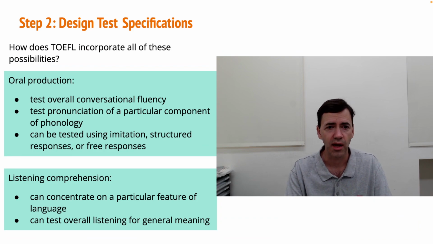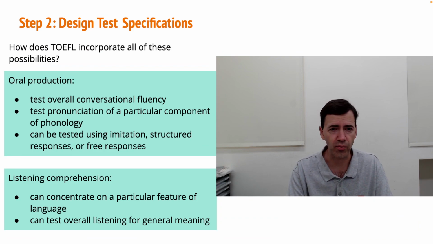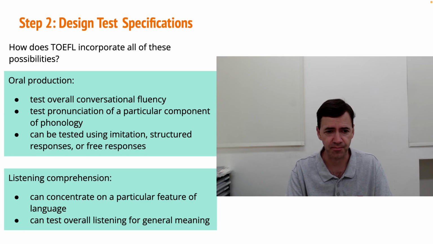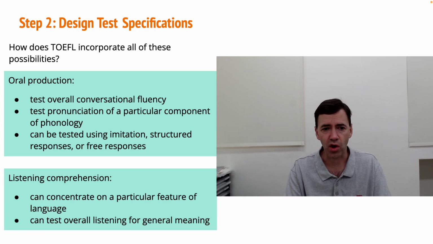Okay, so how does TOEFL incorporate all of these possibilities? Okay, so here's an example of how TOEFL would do it. So for oral production, they may test overall conversational fluency. They may test pronunciation of a particular component of phonology.